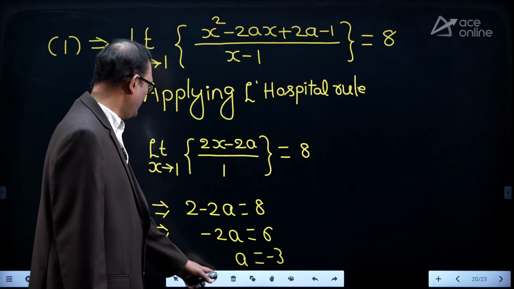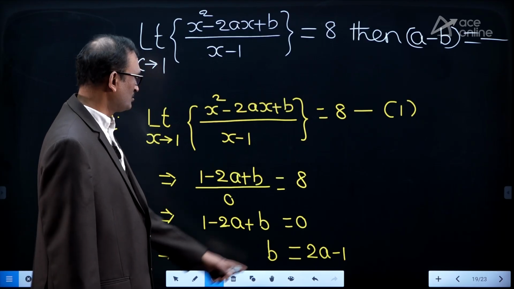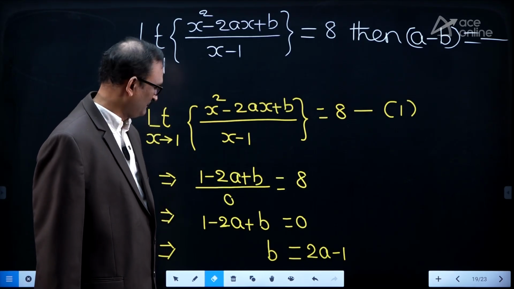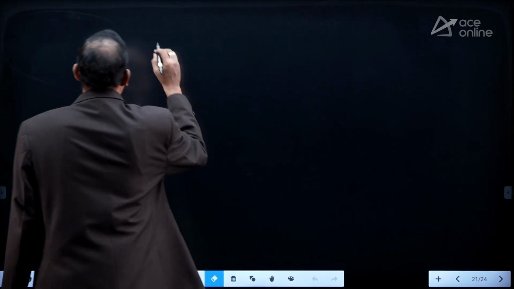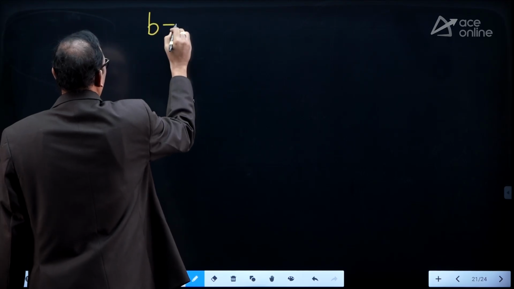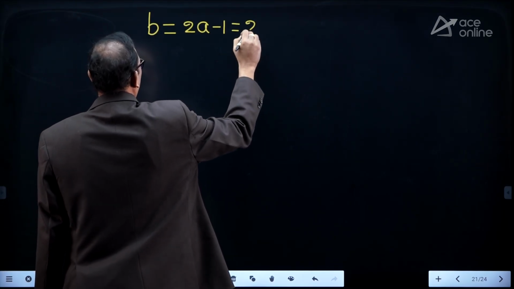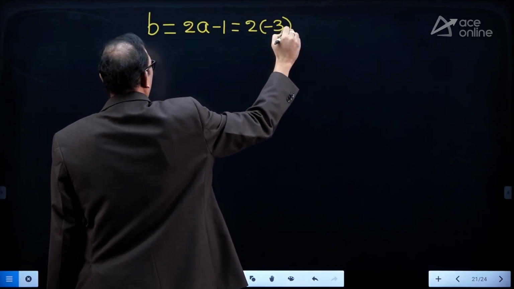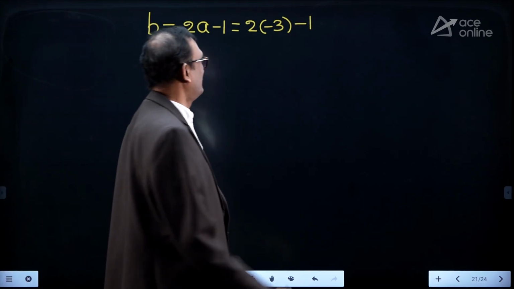Not only the a value, we have to find the b value as well. So b equal to 2a minus 1; substitute there and you will get the b value as well. Taking a equal to minus 3, b is minus 6 minus 1, which is minus 7.